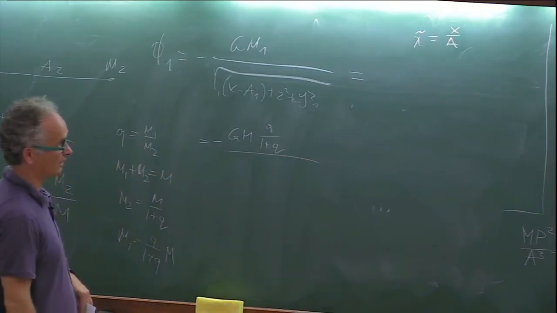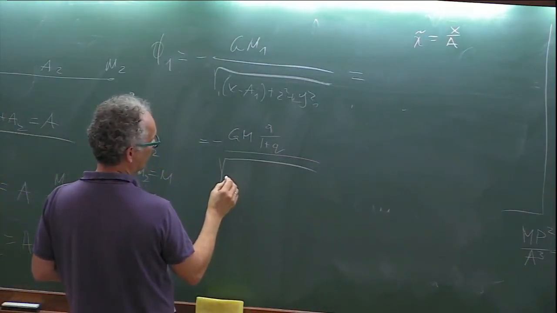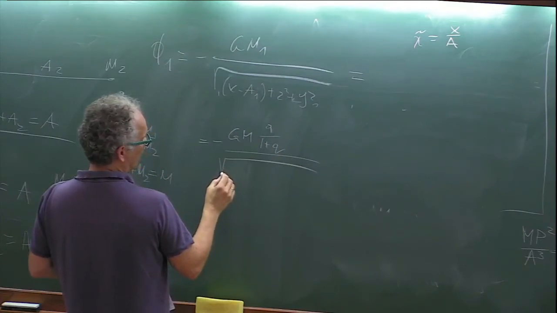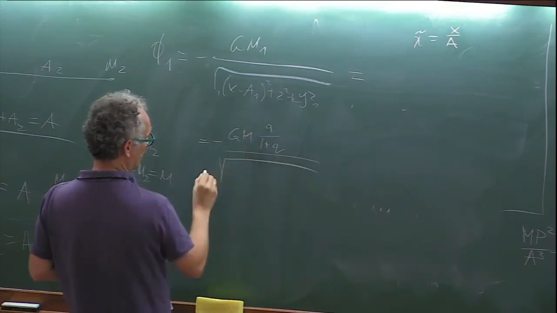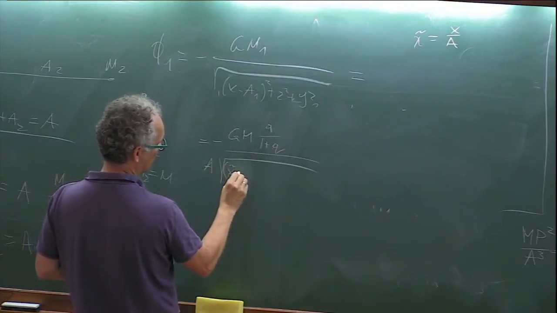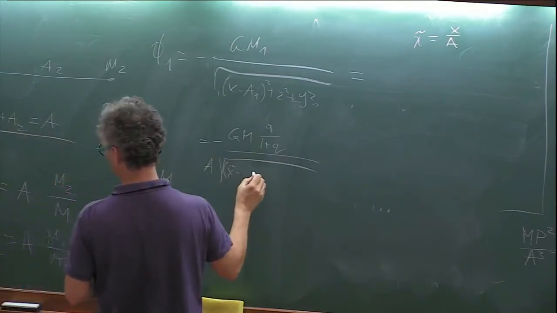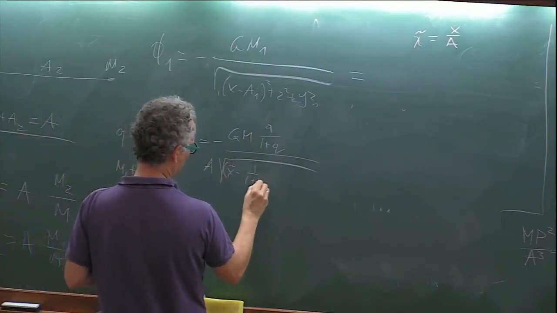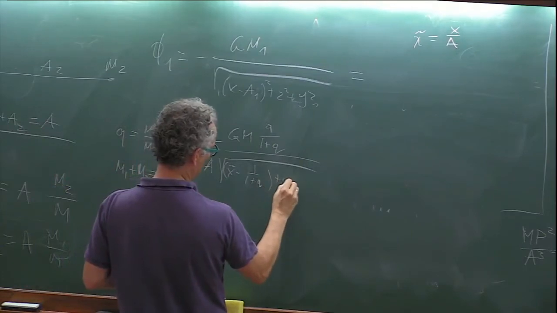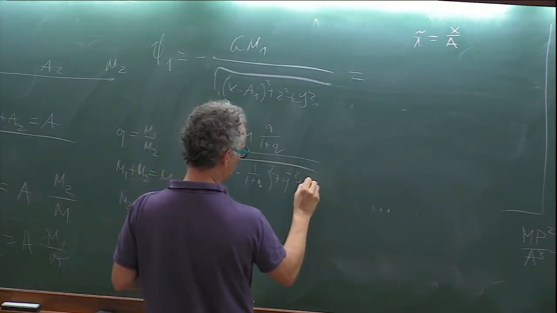Everything will be expressed in the units of a. So phi1 is minus GM over a, times q over (1 plus q), divided by the square root of (x minus 1 over (1 plus q)) squared plus y squared plus z squared.